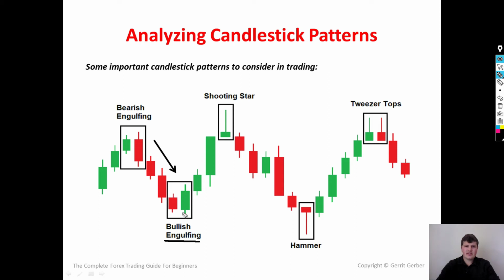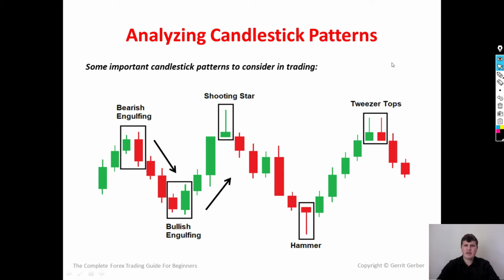The important thing is just that the green candle, the bullish candle, fully engulfs the first candle like that. And this candlestick pattern usually follows with an upward move like this.